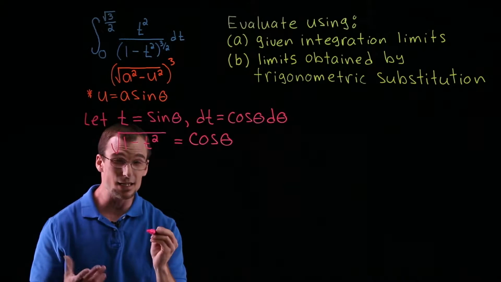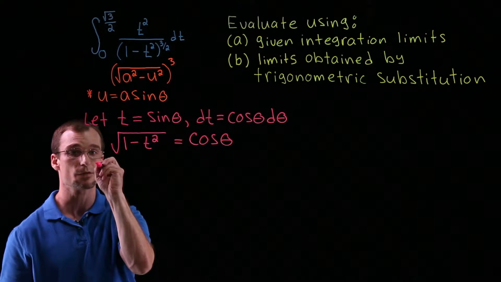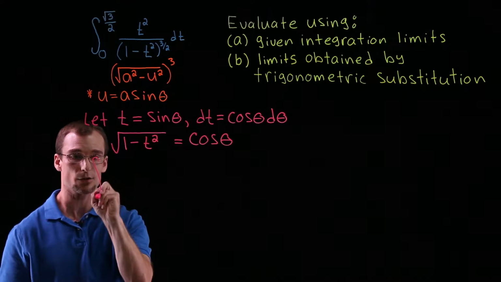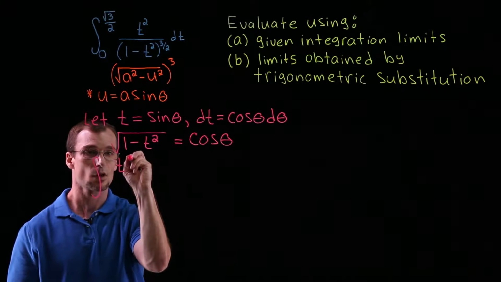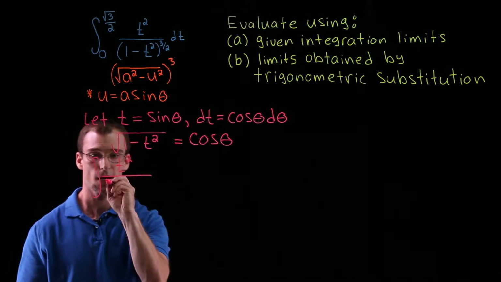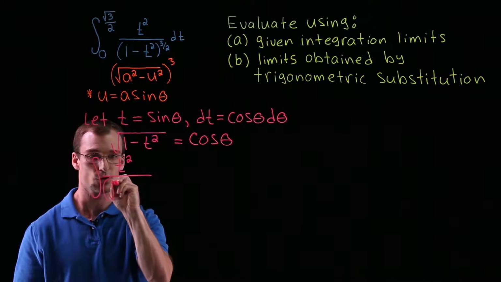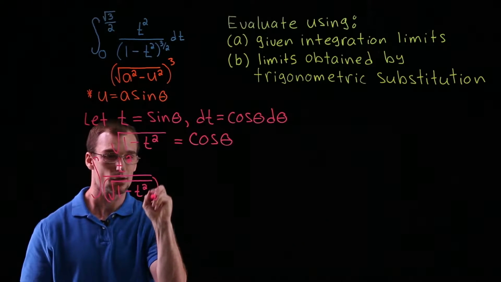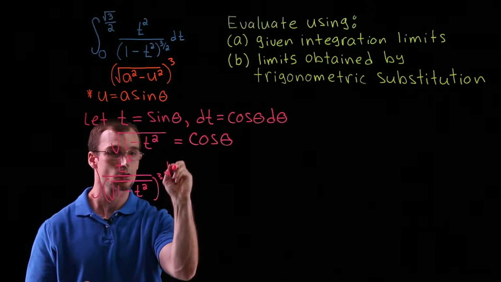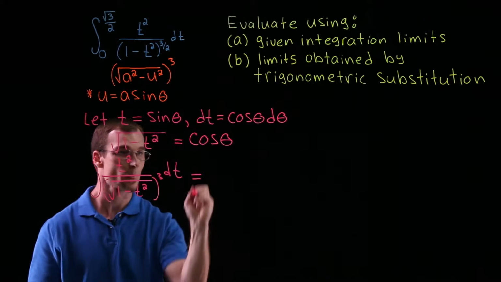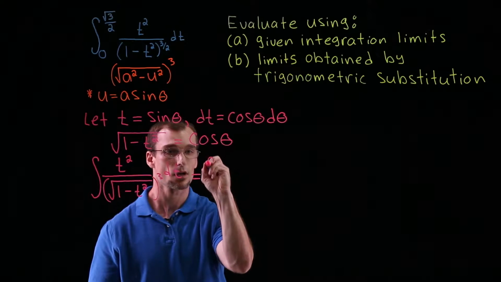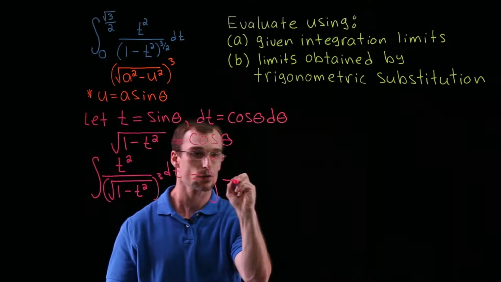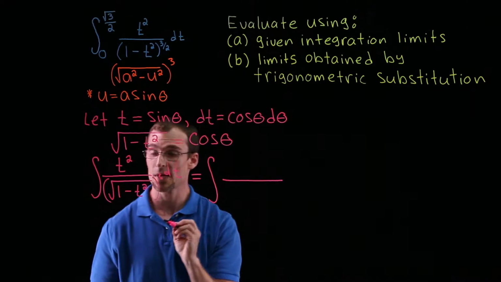So now that we have this, we're going to plug everything into our integral. Again, we're taking the indefinite integral here, just finding the antiderivative. So we have the indefinite integral of t squared divided by the quantity of the square root of 1 minus t squared cubed dt is equal to the indefinite integral of, and make our substitution.